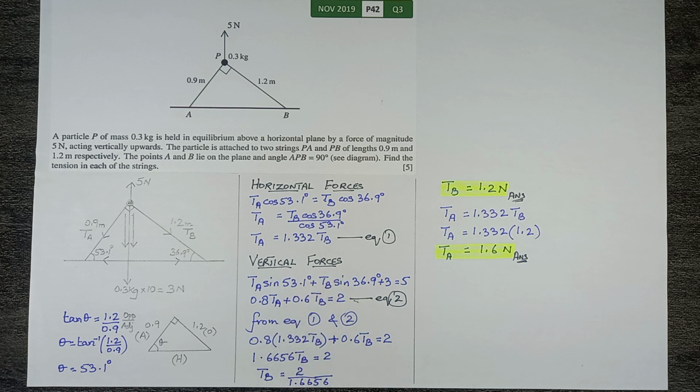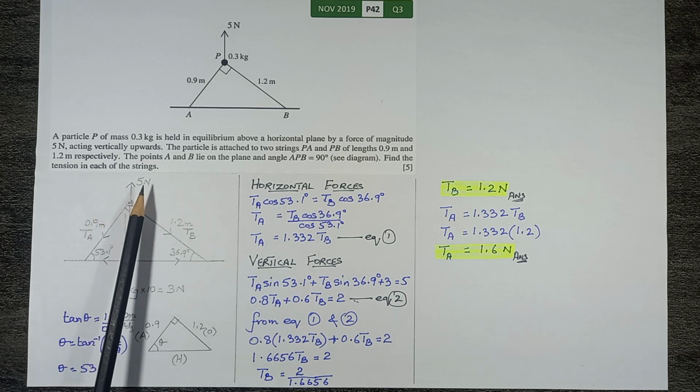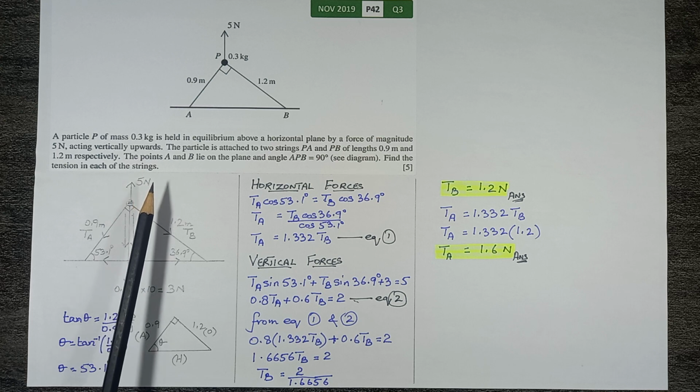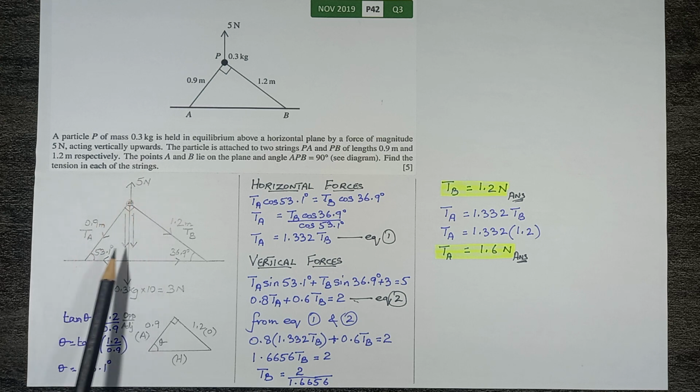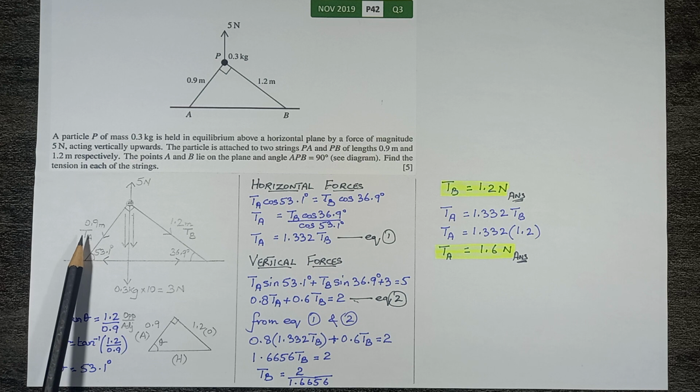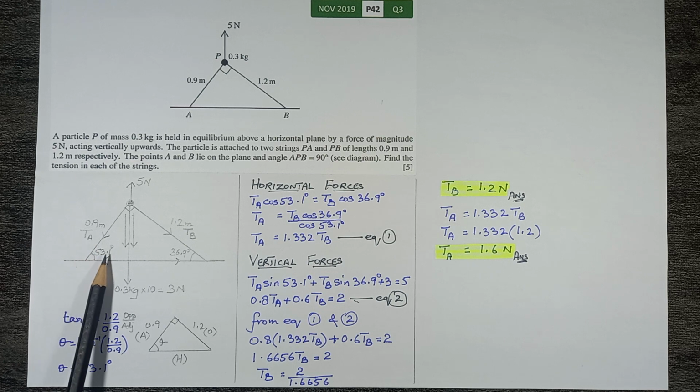If we just look at the diagram, we can see that we have one force which is pointing upward, 5 Newton, and we have three forces which are pointing downward. One of the force is the opposite force of this TA. Angle is over here, so this would be TA.